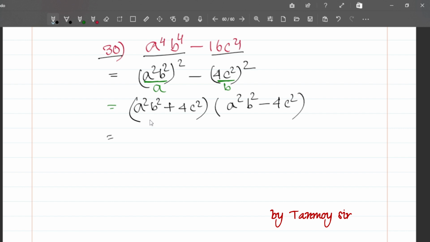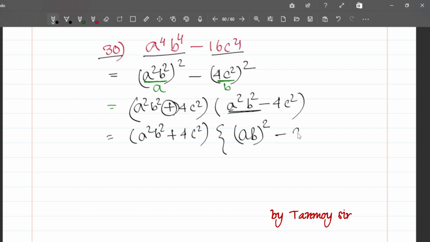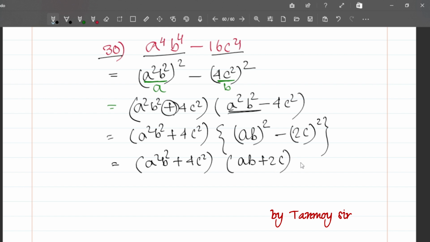In the first bracket there is a plus sign, so no factorization formula, so keep it as it is, and you can write ab square minus 2c whole square. So expand the second bracket using the formula: ab plus 2c and ab minus 2c.